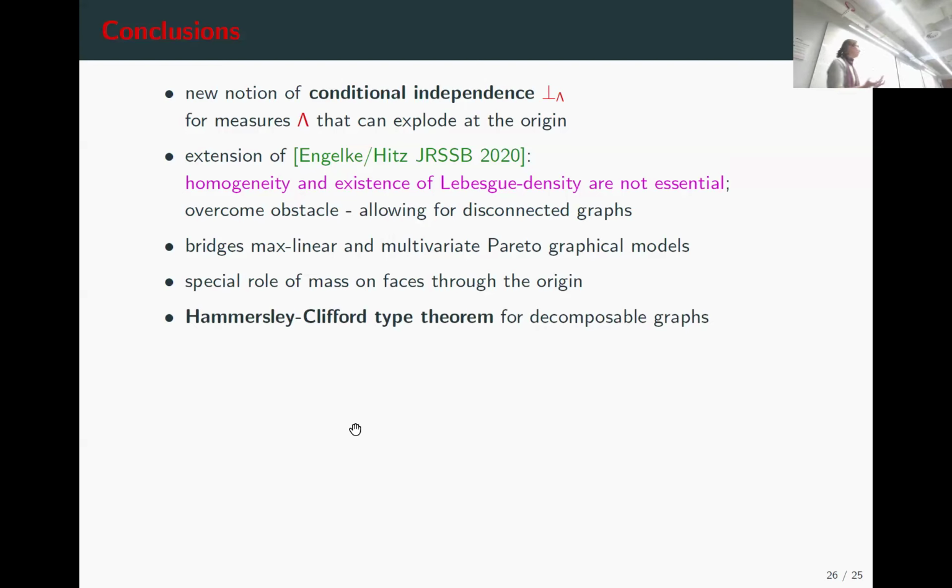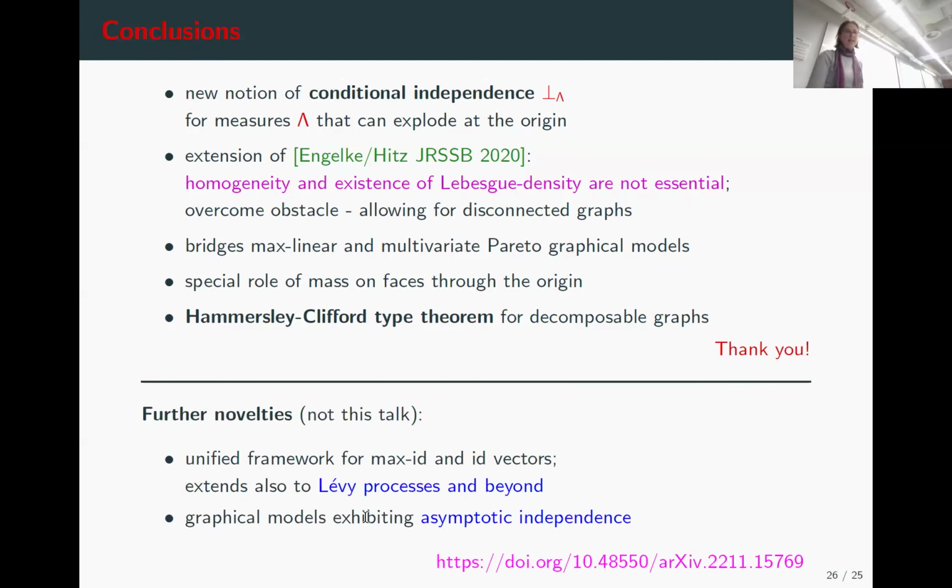And I think the strongest theoretical boundary we now have is the Hammersley-Clifford type theorem for the decomposable graphs. So that's taking us a while. What also encourages me, and why it seems to be a natural notion, is that it seems to work as well for Lévy processes, for instance.